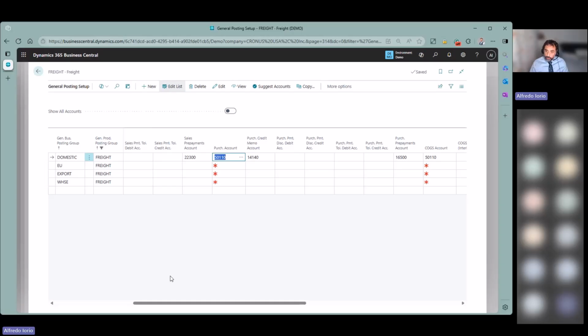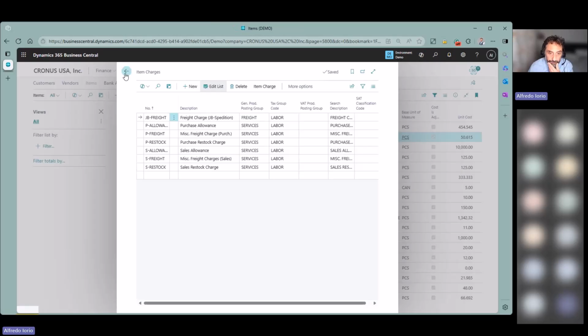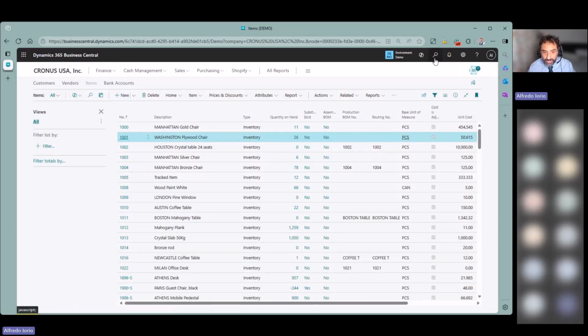It can be the same vendor of the item, or it can be a third party. So you can see the difference. Direct cost on item charges is something that we must pay to a vendor. Overhead applied are essential overheads that we accrue, and then we reverse when we need to.